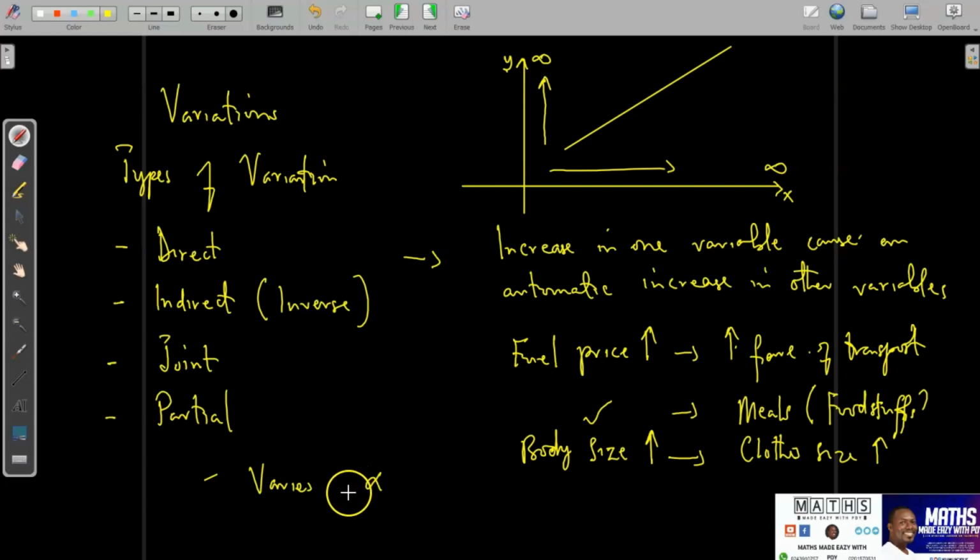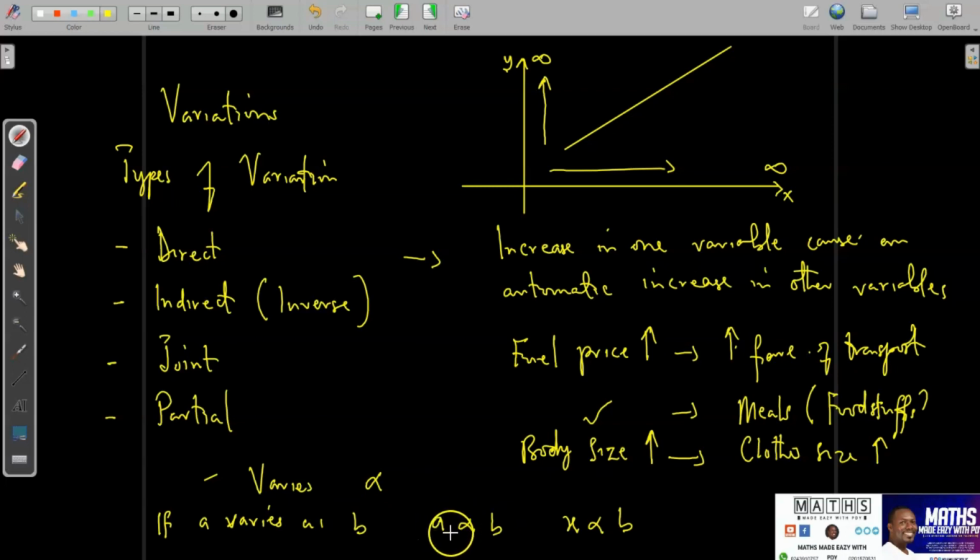So if A varies as B, then we write it symbolically as A varies as B. Or if X varies directly as B, then we can say that X varies directly as B. This is how we symbolically represent the direct variation statement.